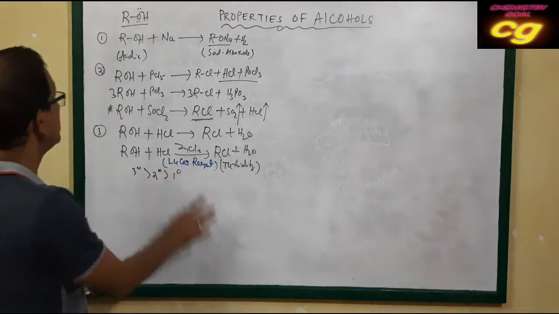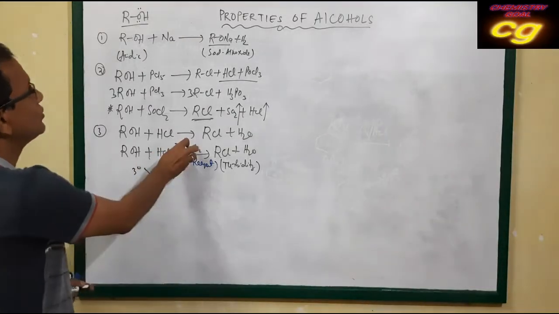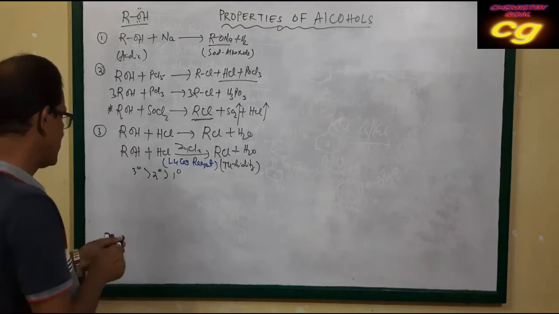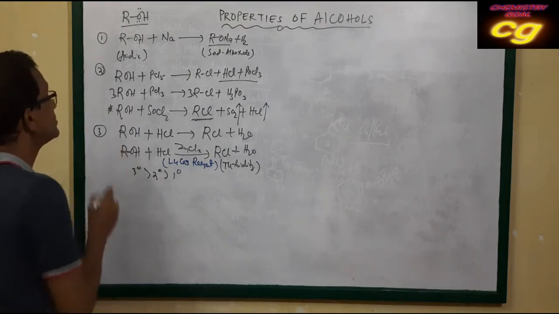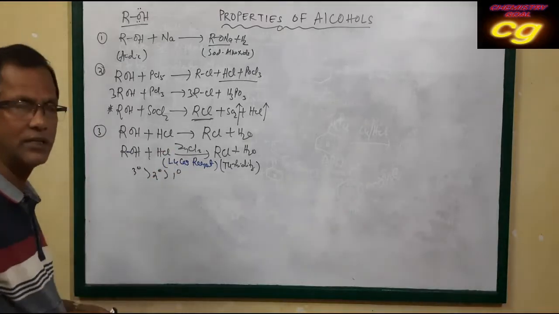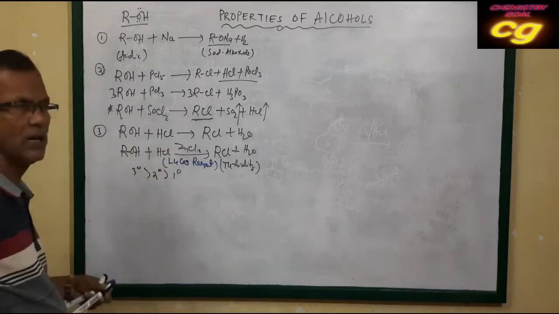That is the reactivity of alcohols towards Lucas reagent. Here anhydrous zinc chloride helps to break the C-O bond. This is a very important reaction of alcohol forming haloalkane.